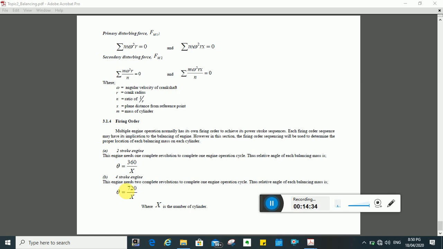In case they have a 6 firing order, if the question mentions 1, 4, 5, 2, 3, 6, you need to follow the firing order. That is the important point during construction of the graph.